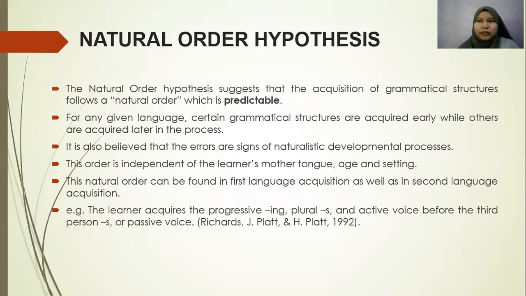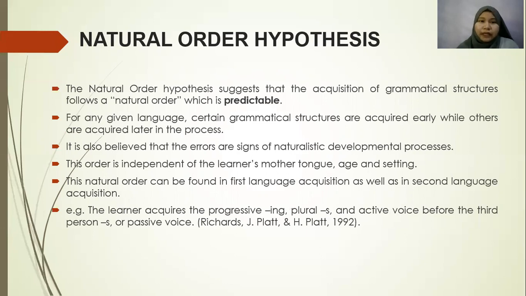Natural order hypothesis. Natural order hypothesis suggests that the acquisition of grammatical structure follows a natural order which is predictable. So according to natural order hypothesis, the learners learn the grammatical structure in a predictable way.